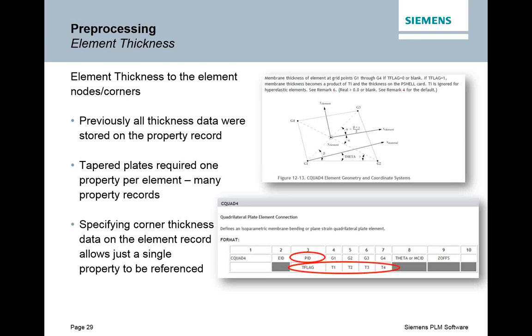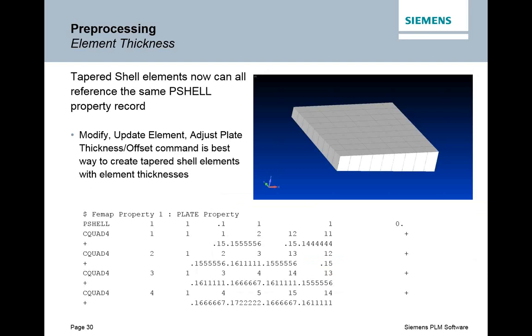So you'd only require one single property to be referenced. So that looks like this. In order to produce the Nastran input file bulk data content for all of those elements, you'd only need one property definition, which is different from before for tapered elements within Femap.